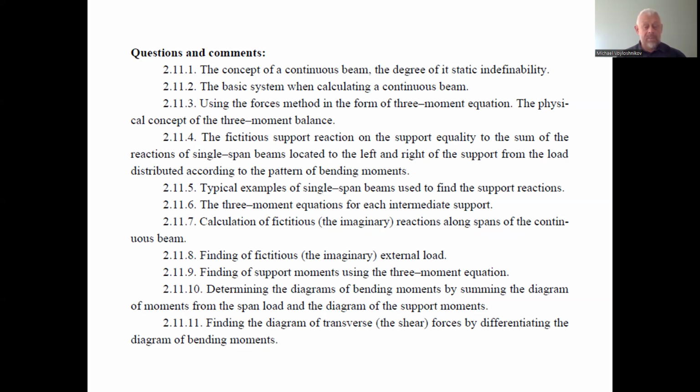So we can use that differential interdependence to determine the diagram, having one first, for example the bending moment diagram. This is usual after using the three-moment equations of the force method to solve the statically indeterminate continuous beam. In this case, first we have the bending moment magnitudes and the bending moment diagram, and we can use it to find the derivative diagram. This will be the diagram of the shearing forces.